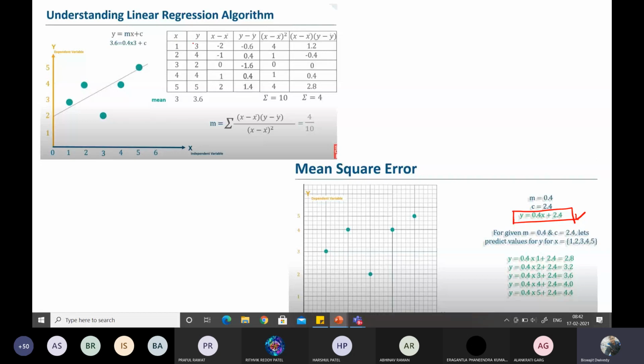So here we'll be calculating the y value, that is denoted by y cap, meaning these are the predicted values for these samples. Based upon these predicted values we are going to calculate the errors, because whatever line we have drawn here, there will definitely be some errors. So we are going to find out that error value.